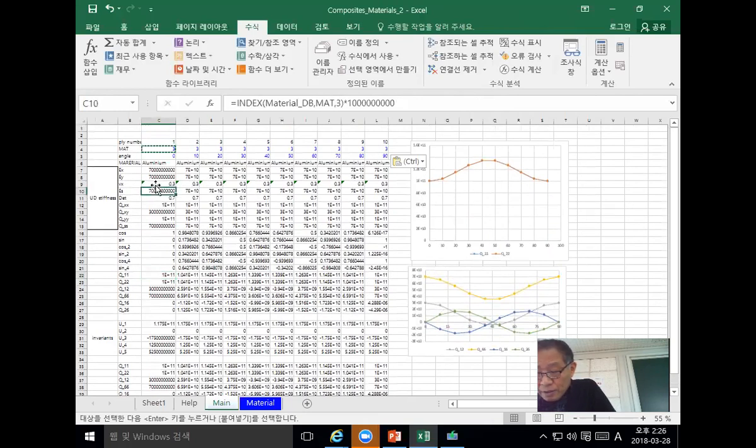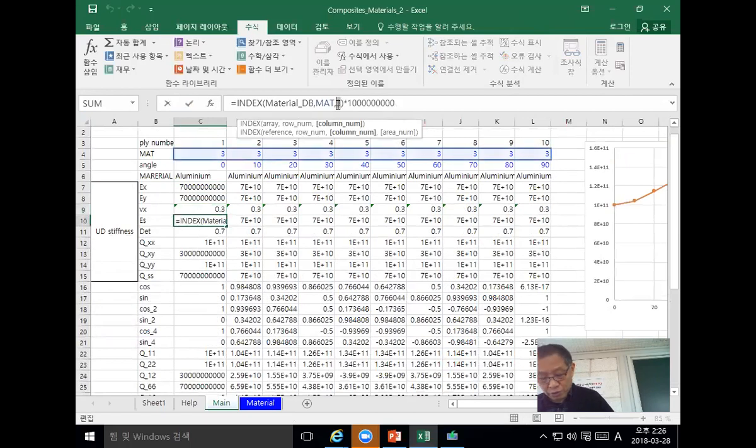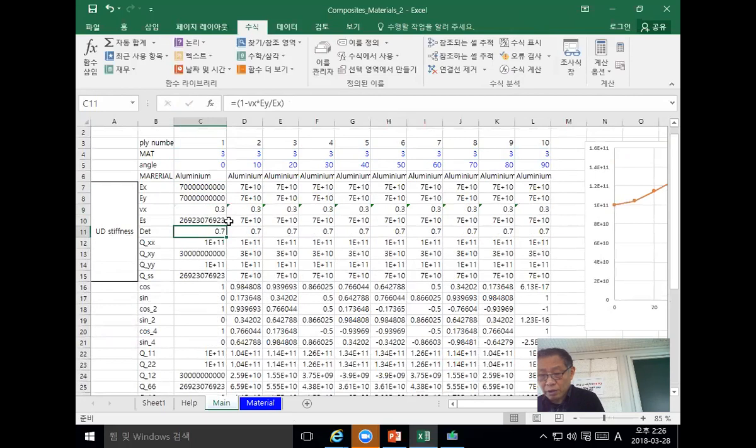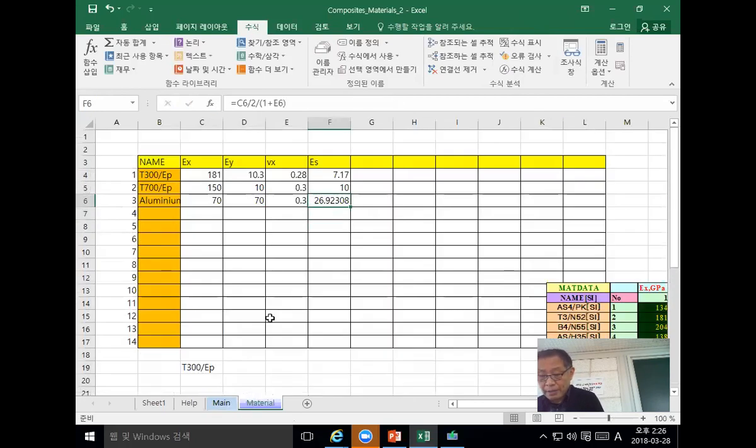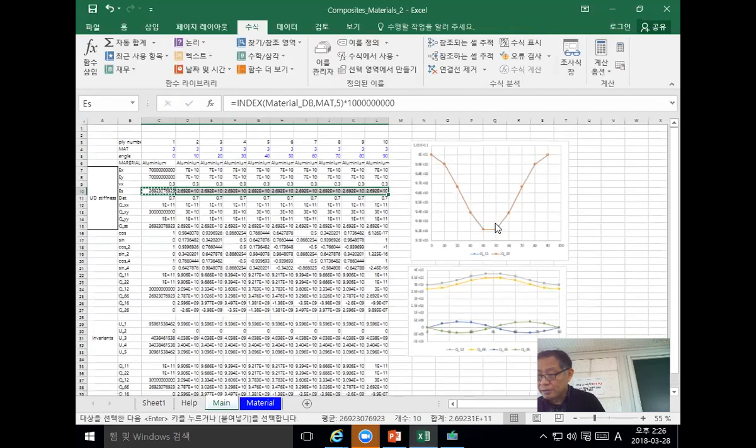Okay, this one. Okay, I got it. 2, 3. I'm sorry, here I made a mistake. This is the 2. And here is the 3 and 4. This one has to be 5, right? To refer to shear stiffness. Shear stiffness here, right? So I need to change this one, and then this.